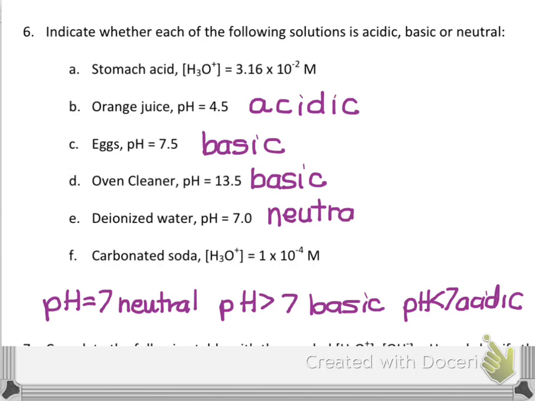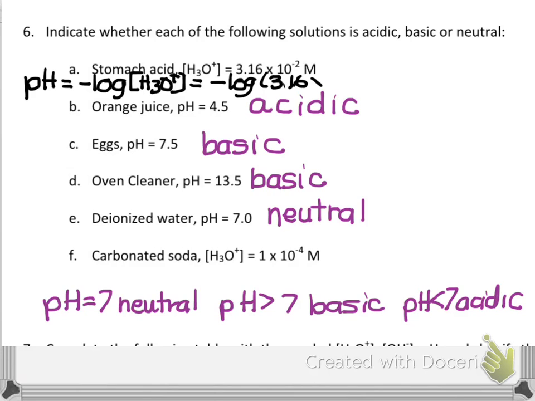Now the other two are in acid concentrations, and we could use acid concentrations to identify this, but I think it might be easier to do pH. So I know that pH equals the negative log of the acid concentration, which would be the negative log of 3.16 times 10 to the negative 2.